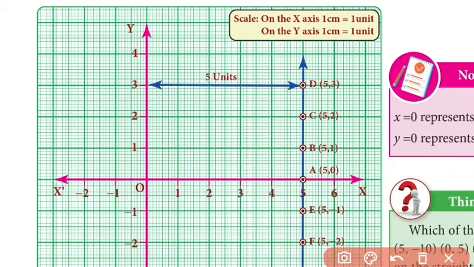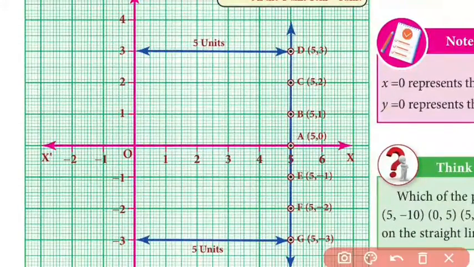Next we take x value 5, y value -2, x value 5, y value -1, x value 5, y value 0, x value 5, y value 1, x value 5, y value 2, x value 5, y value 3. Repeat, in all the x equal to 5 line.